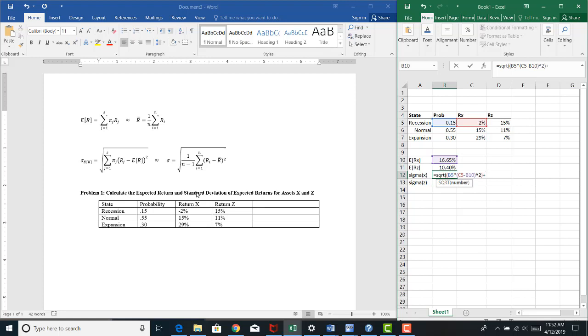So I'm going to add the probability of the second economic state times the returns for stock X in that state minus the expected return that we just calculated squared, plus the probability of the third economic state times the squared difference between the returns in that state for stock X and the expected return.